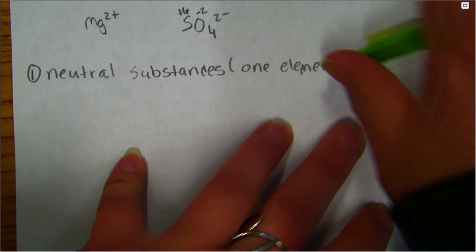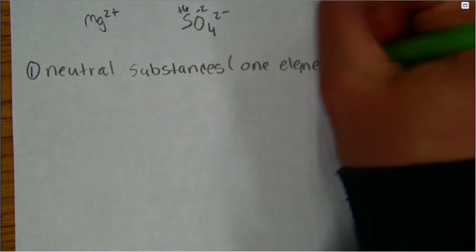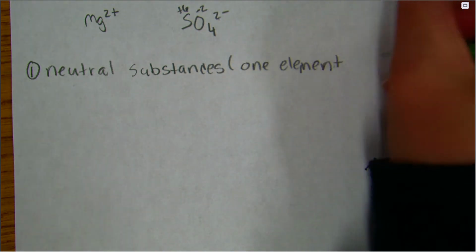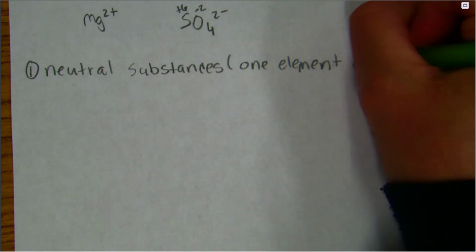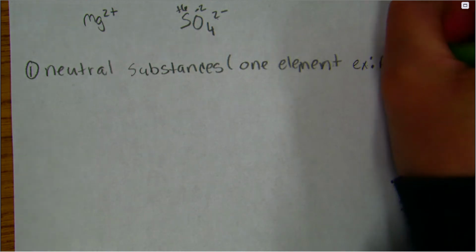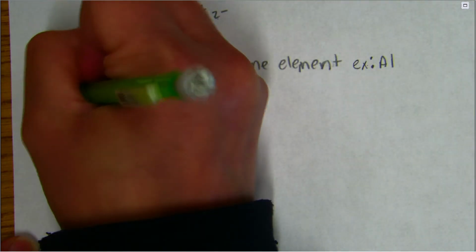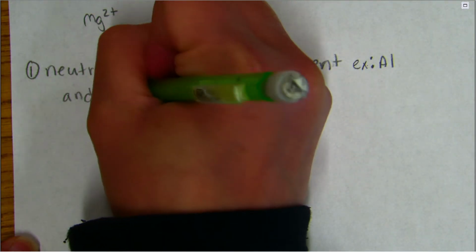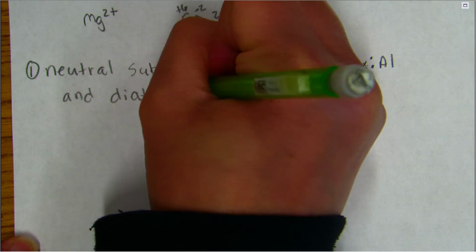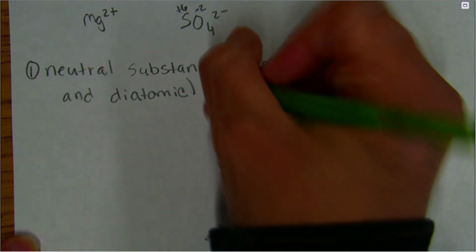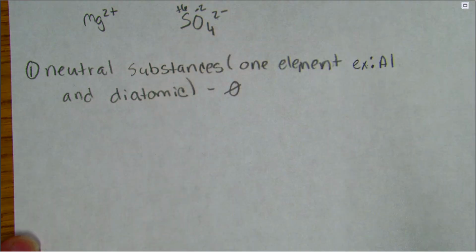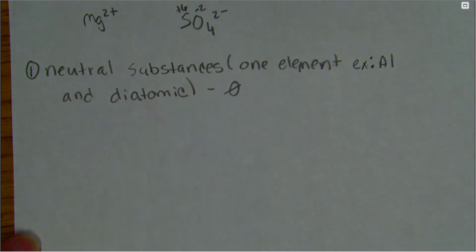It would help if I could spell element. For example, aluminum, and our 7 diatomic elements. And we are going to make these 0. So I'm going to put a little line through that so that you can tell that it's the number 0 and not the letter.